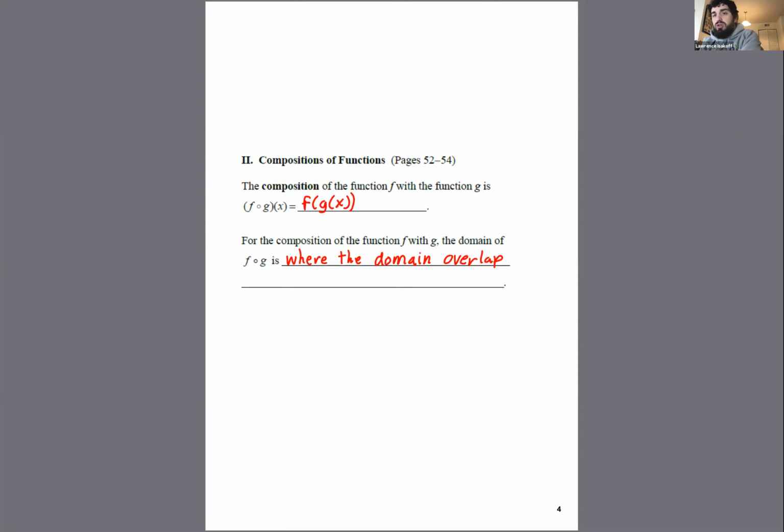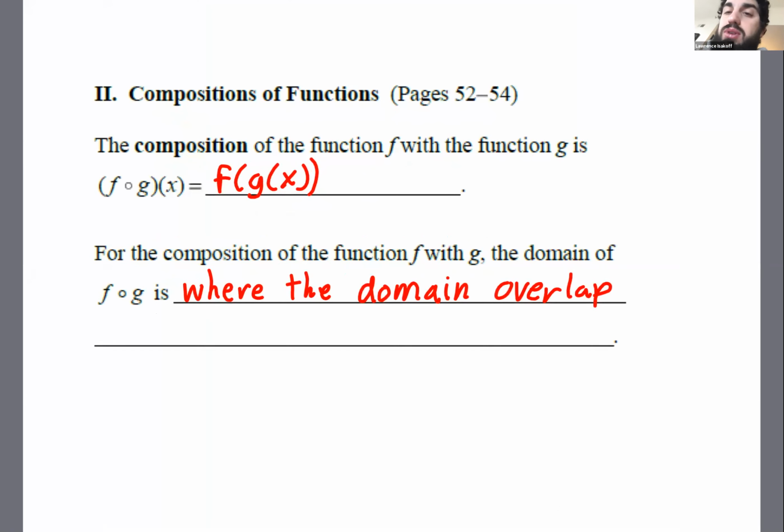So the next part talks about composition of functions. And again, the domain of the composition will be the overlap of the original domains. A lot of times we'll write it in this f circle g form, which is just a fancy way of saying f of g of x.